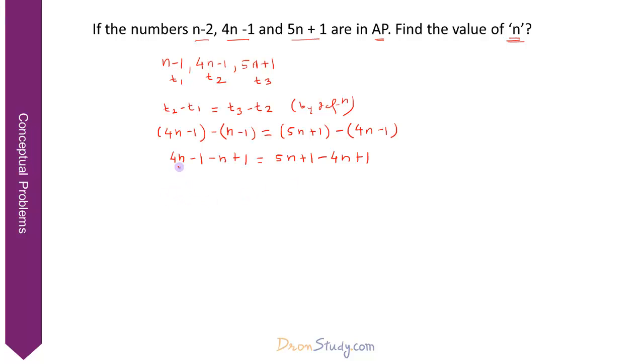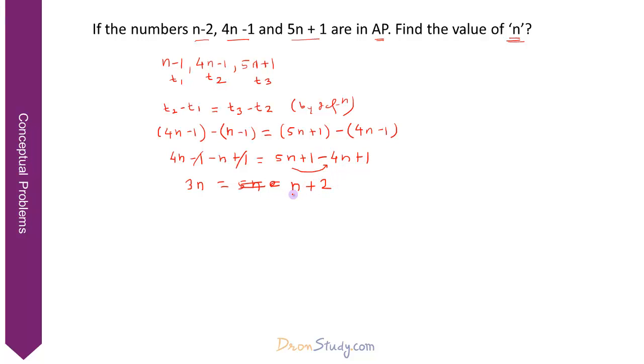Now here 4n minus n will be 3n. This one and this one will get cancelled, and which is equal to 5n minus 4n, that will be n, plus 1 plus 1, 2.